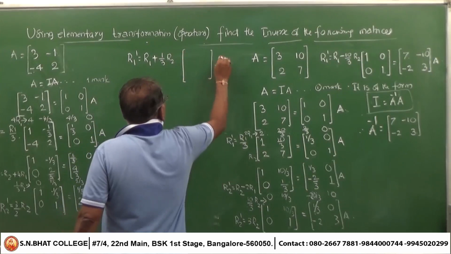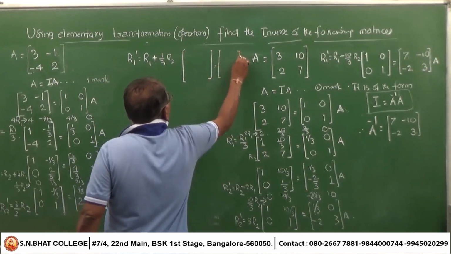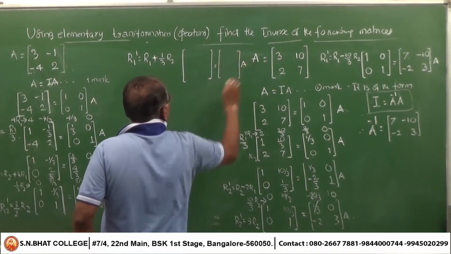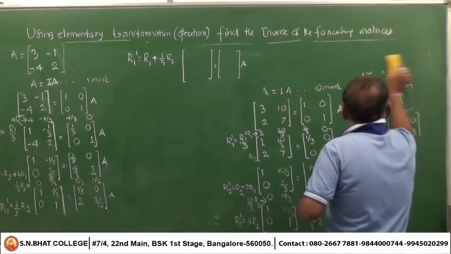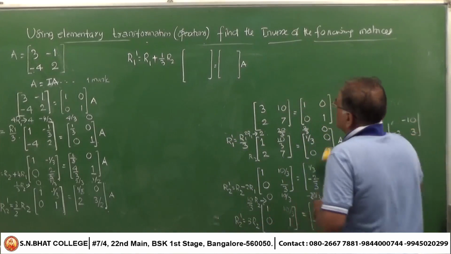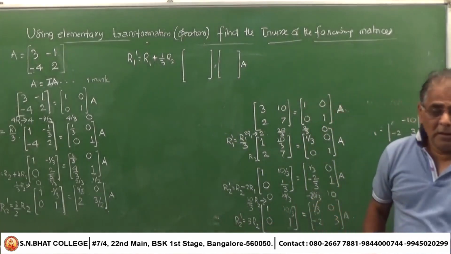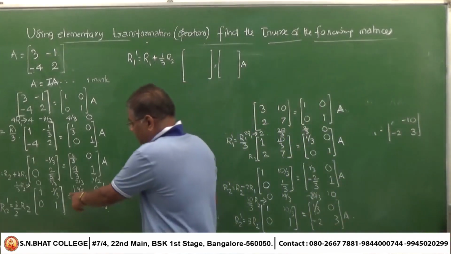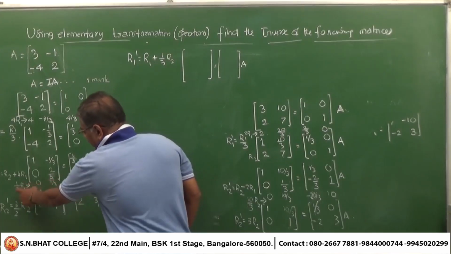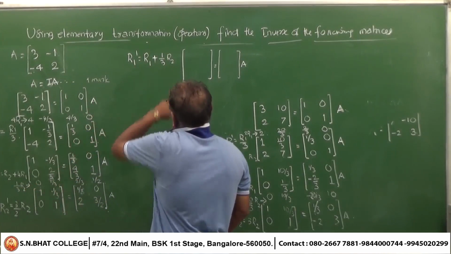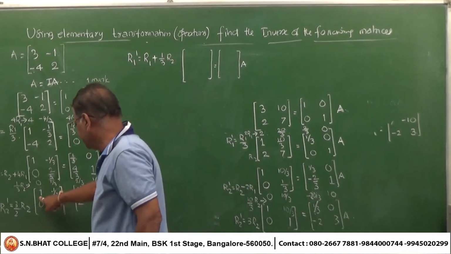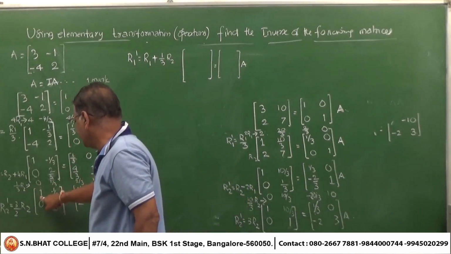R1 dash is R1 minus 1 by 3, 1 by 3 R2 I have calculated. Row operation: R1 dash is R1 plus 1 by 3 R2. This is R1, 1 by 3 R2.